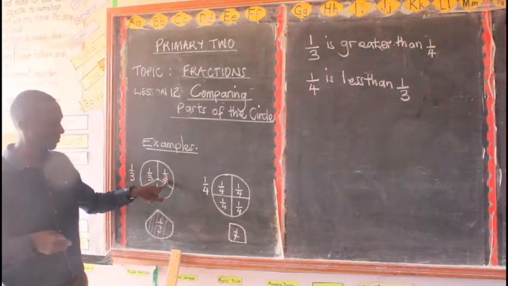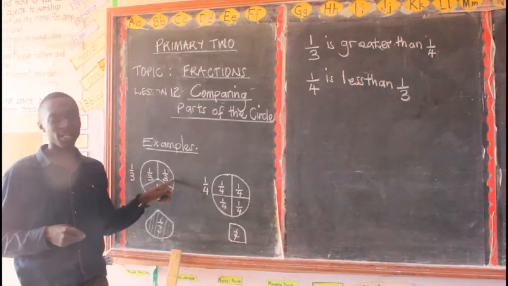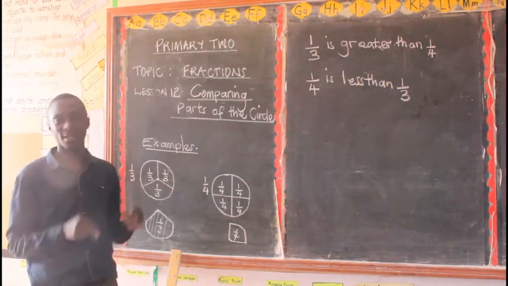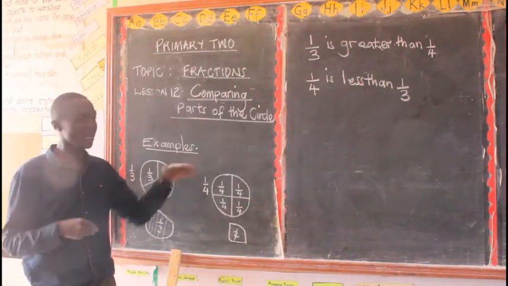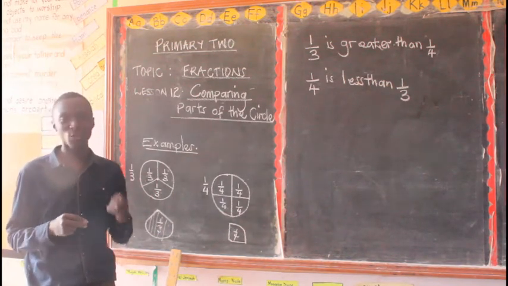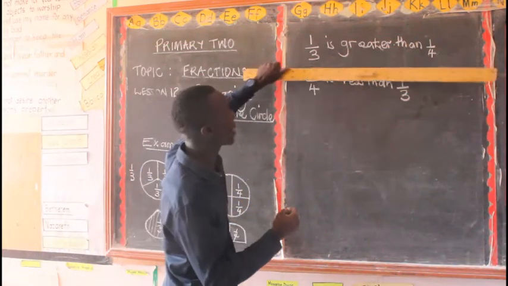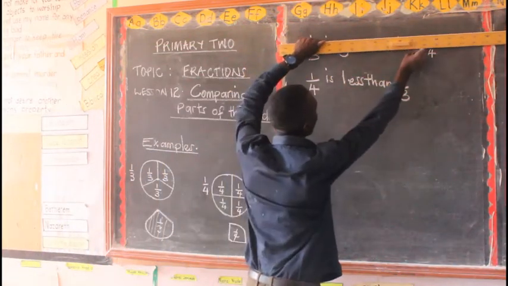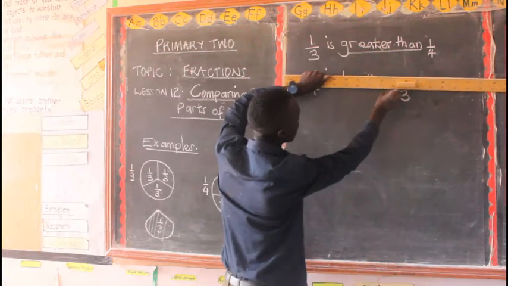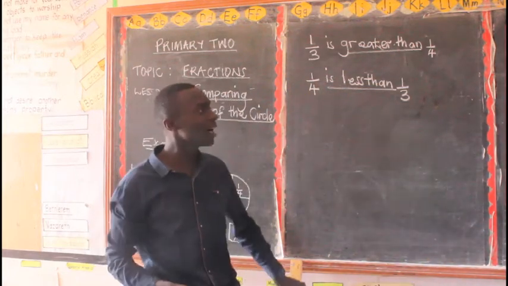But the fraction which has the small denominator is the fraction which is bigger, or greater than the other. That is what you should understand about fractions. So 1 out of 3 is greater than 1 out of 4, and 1 out of 4 is less than 1 out of 3.